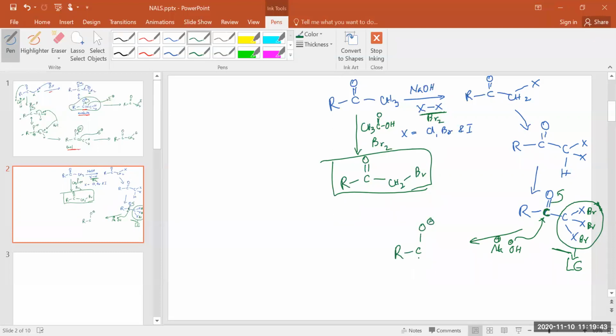It will make O minus, OH and CBr3. If you take iodine, it will be CI3. If you take chlorine, it will be CCl3. So this will come back and this will leave. What will be the product? The product will be RCOOH plus CBr3 minus. So this will take a proton.